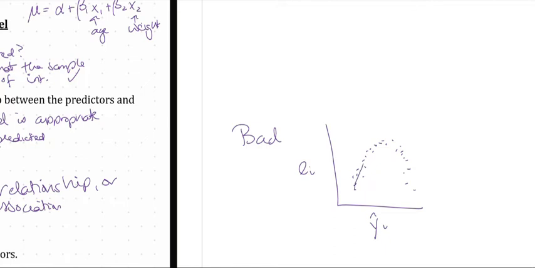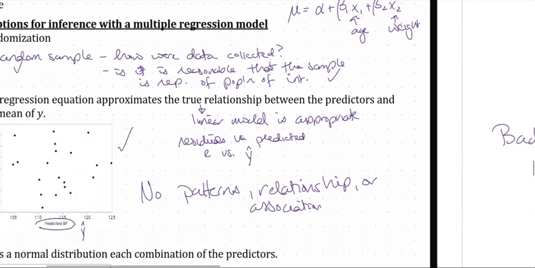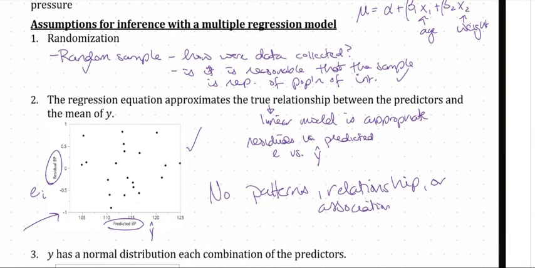In this case there would be a pattern. My residuals would be associated with my predicted response, and that's bad. We don't want anything like that. That's not the only way there might be an association, but that's one classic example of a pattern that would indicate a problem with my model. In this case, my regression equation is approximating the true relationship. It doesn't look like anything's missing.